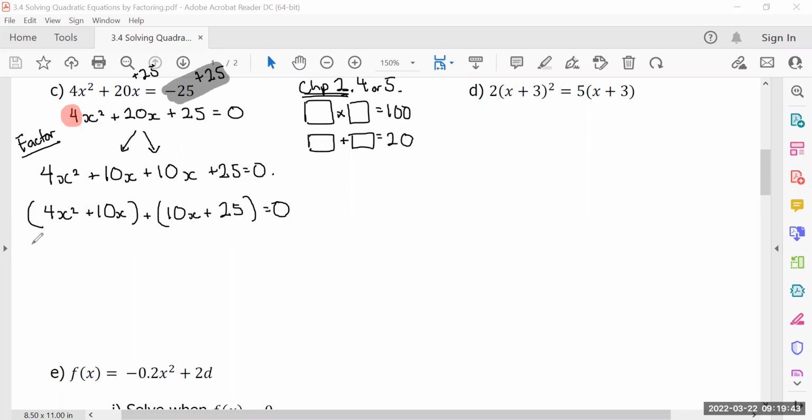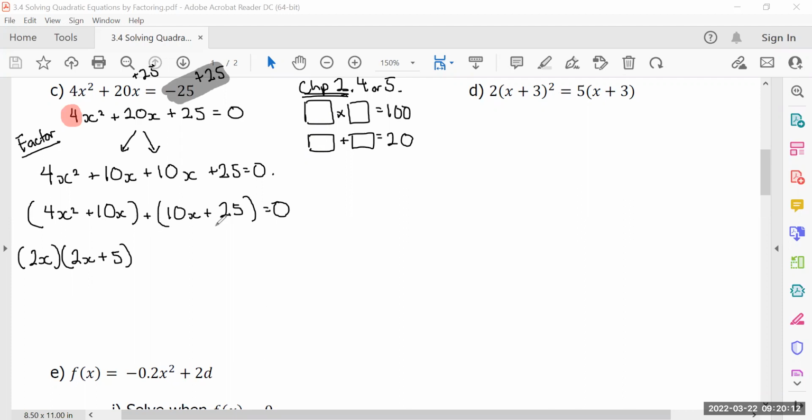X squared and x, I think I could divide out an x. This becomes 2x plus 5. And if you're not quite sure, just go backwards. Try multiplying this back in using the distributive property and see if you get the previous line. See if you get where you came from, just to make sure.